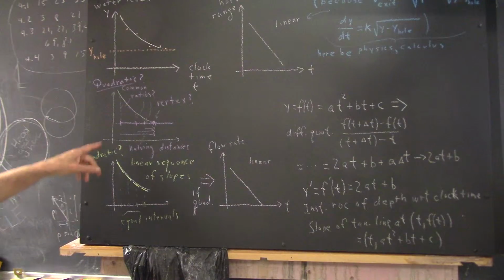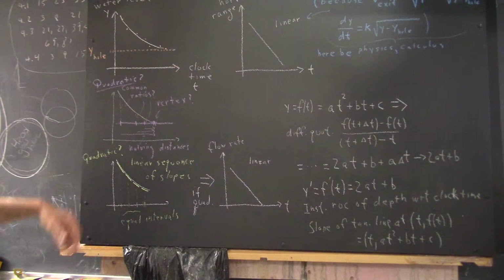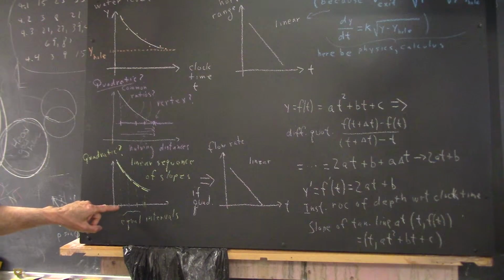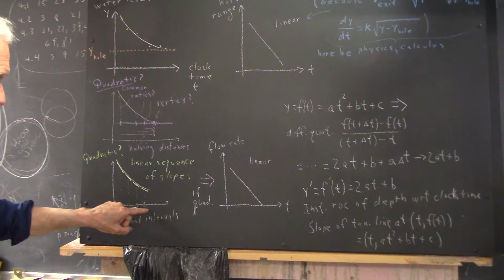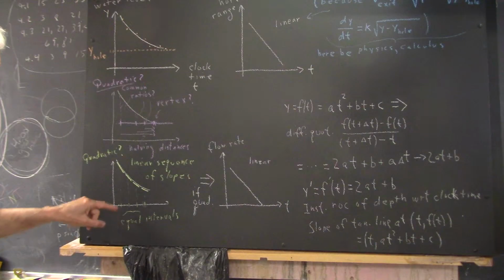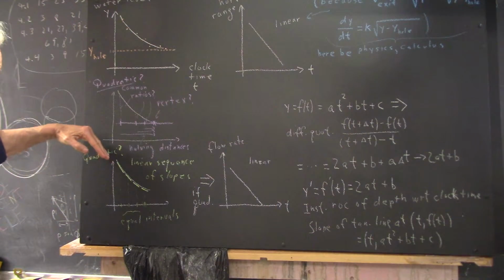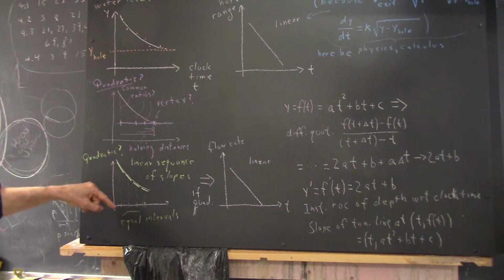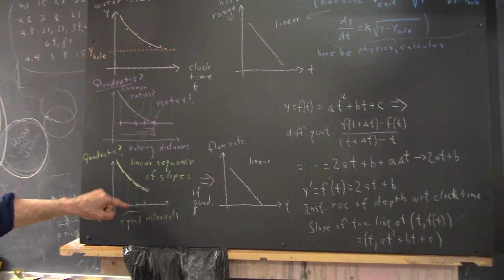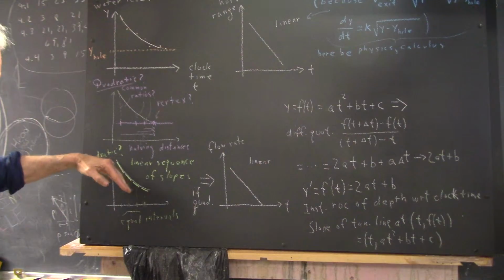Okay, another test is that if you have the curve and mark off your t-axis at equal intervals, and at each interval you take the point on the graph and draw the tangent line to the graph at that point. So at this point, here's our graph point, tangent line here.